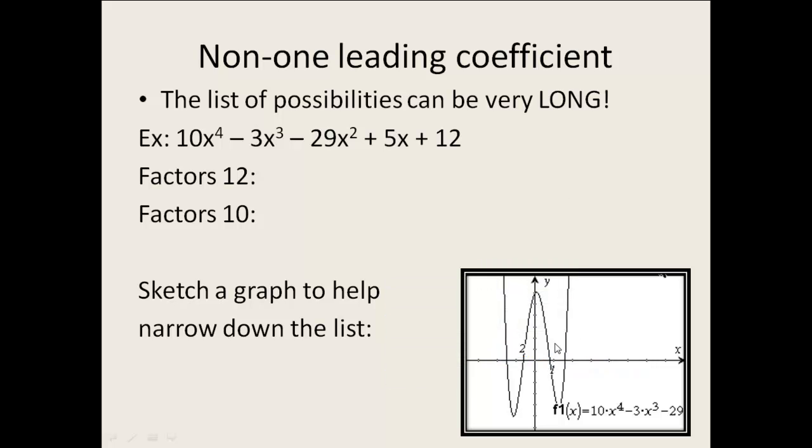Now it's still going to take you a little bit of time, but I know that I have a 0 somewhere between the number 0 and 1. So I could guess a half, I could guess the 2/5, or anything from that list that's between 0 and 1. This one, I would probably guess -1.5 because it looks like it falls about there. So a graph can help you narrow down your list.